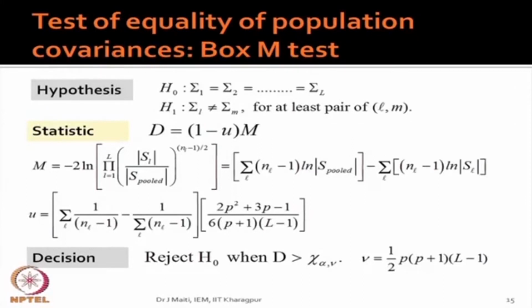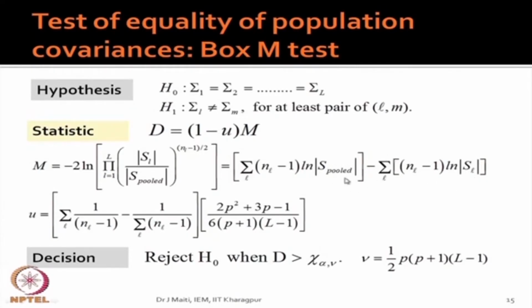Okay. Then we have used D equal to 1 minus u M, and M is this, with S pooled. Can you remember this one? You have seen this earlier, and this is the formulation when we have taken log. So, what do you require to do? You require to calculate the determinant of each of the sample covariances.